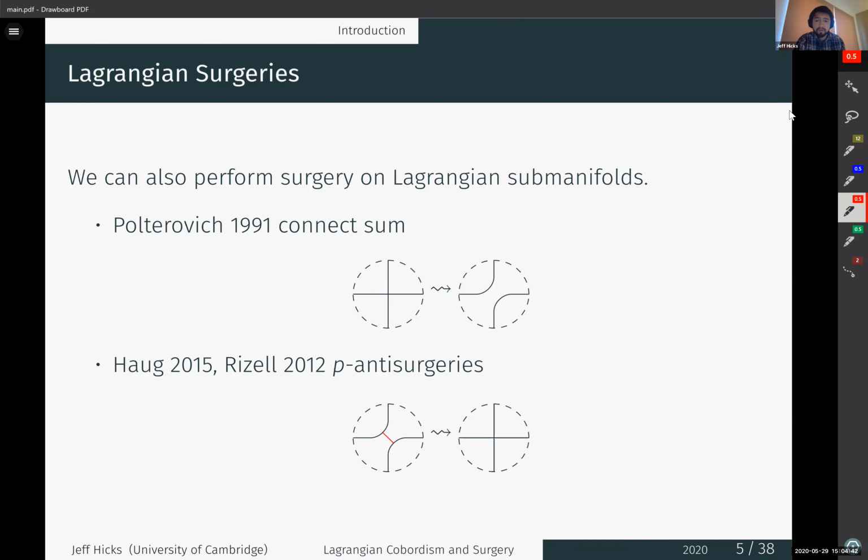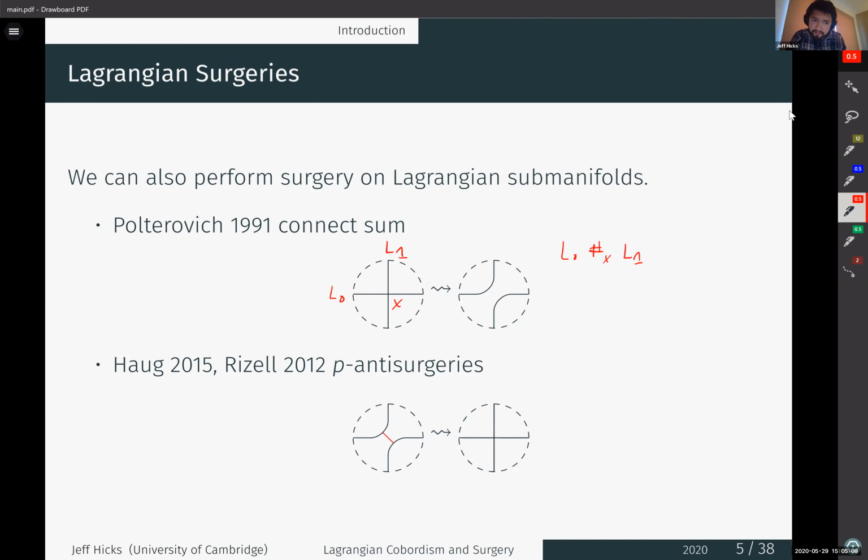This takes two Lagrangians, L0 and L1, which intersect transversely at a point X, and produces from it a Lagrangian called the connect sum of L0 and L1 at X. The operation is that you take a neighborhood of this intersection and replace it with a neck. This is some kind of explicitly parameterized thing.